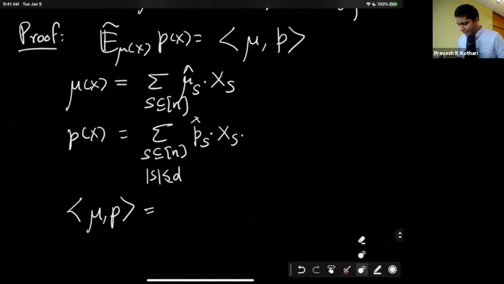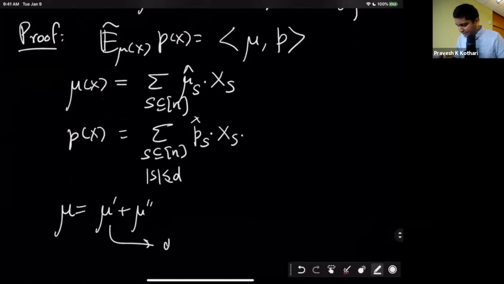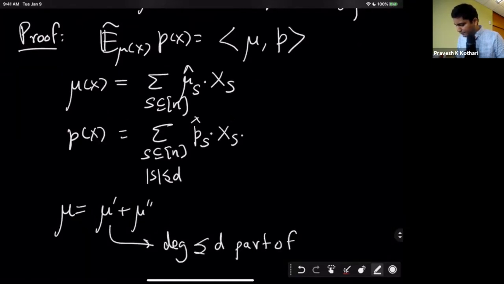And so what I can do is write mu as mu prime plus mu double prime, where mu prime is the degree at most d part of mu. Just collect coefficients that correspond to degree at most d monomials. And mu double prime is basically the high degree part.